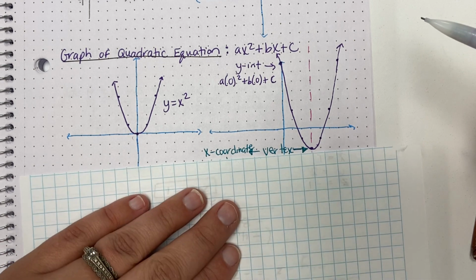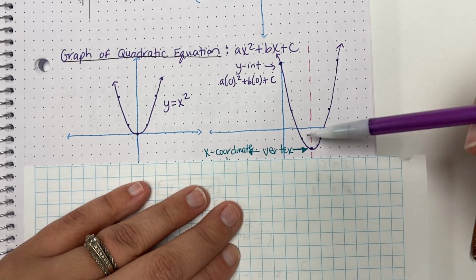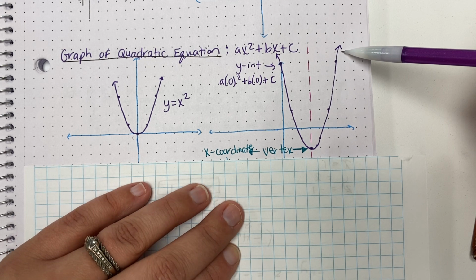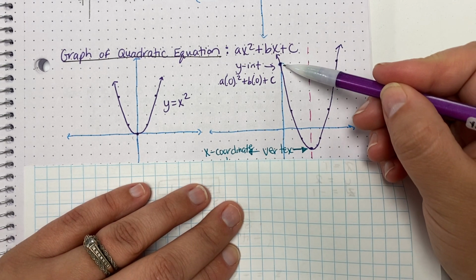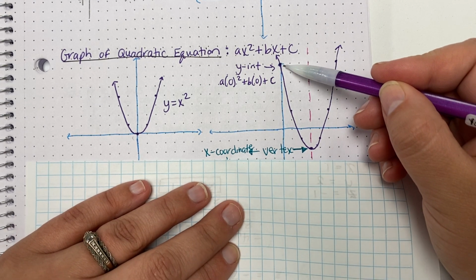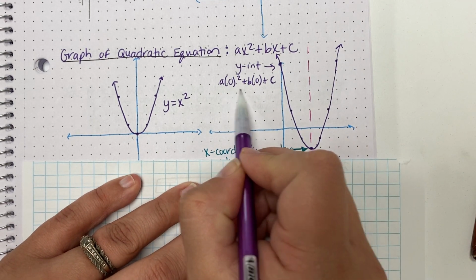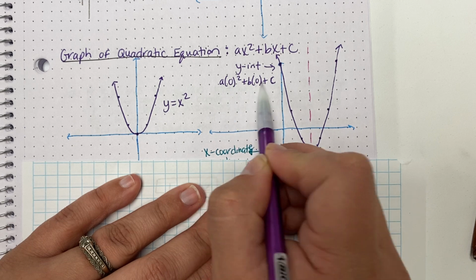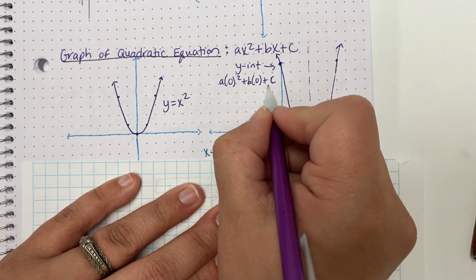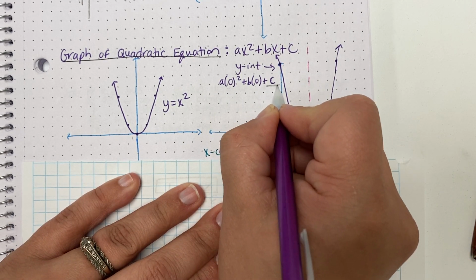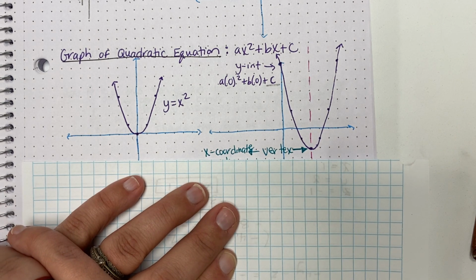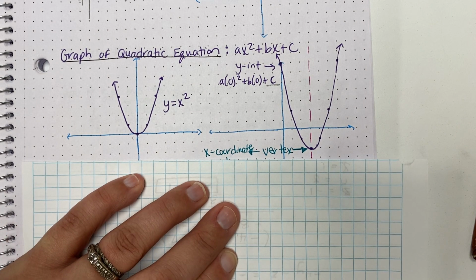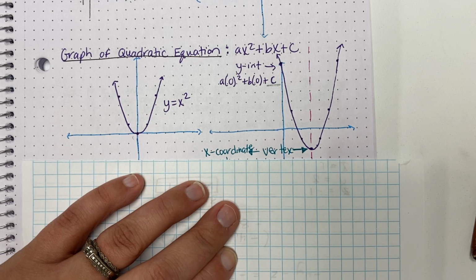All right, so let me give you some information here. Here's my parabola in purple. This y-intercept happens when we have a 0 where the x's are, and our y-intercept actually happens at c. So whatever c is, that is going to be your y-intercept.